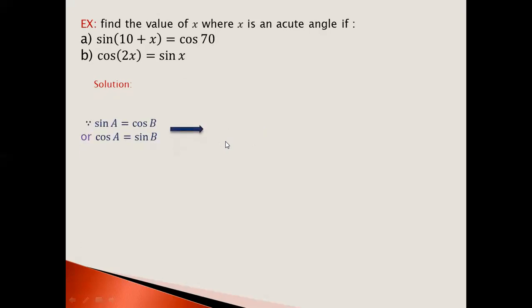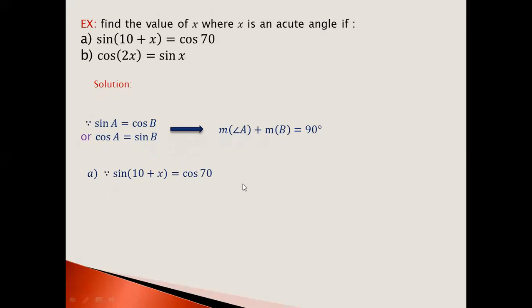What should I do? As we said before, since sine A equals cosine B or cosine A equals sine B, that means the sum of these angles equals 90 degrees because they are complementary angles.